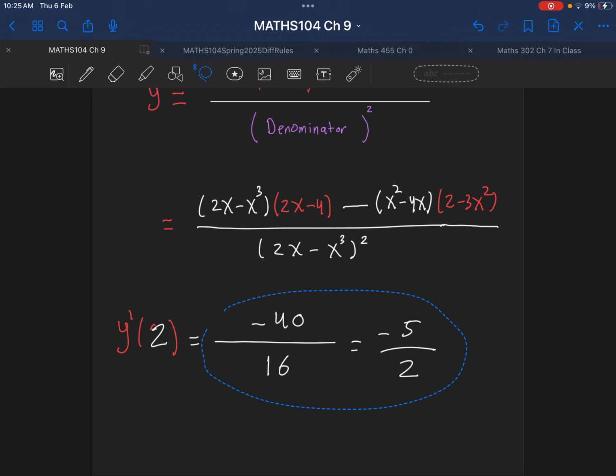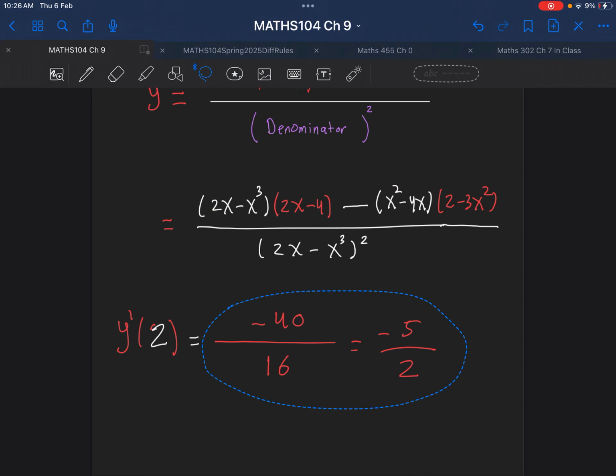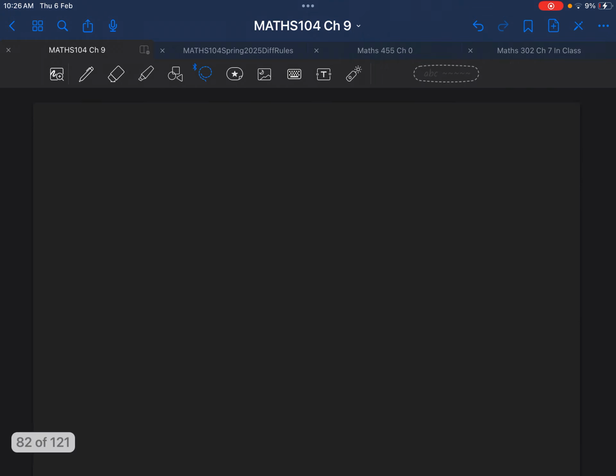Once we have the slope and we have the point, we can write the equation of the tangent line.